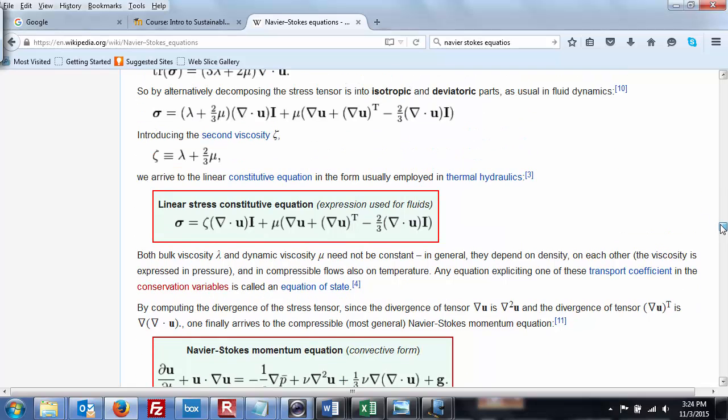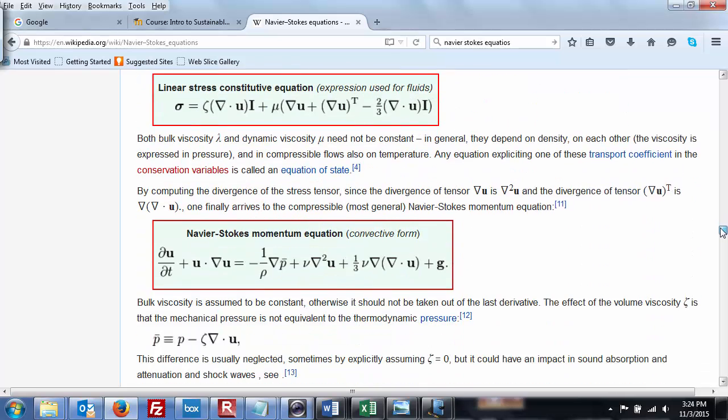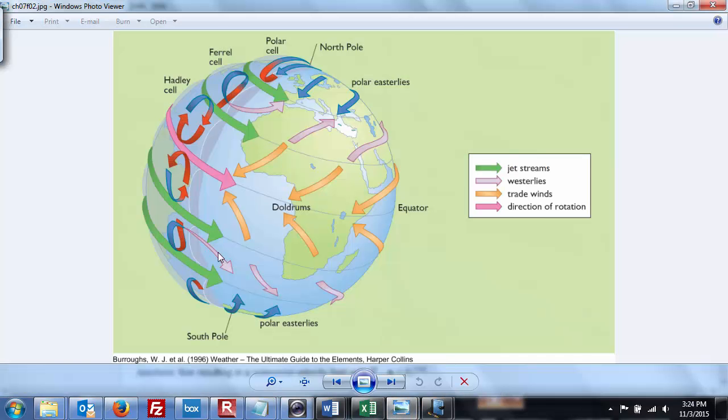Let me make sure I've got all the variables straight. This U is actually the velocity vector. We'll go back to this picture. You're asking which direction the wind is blowing.